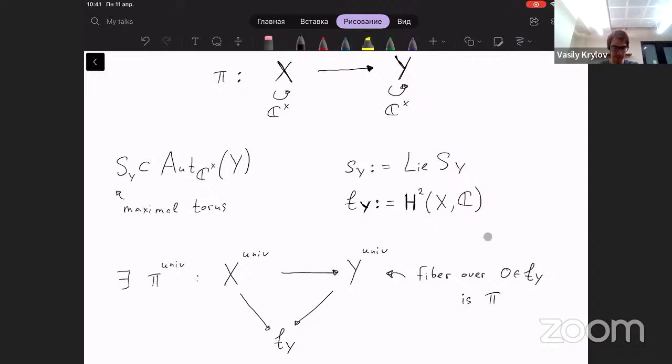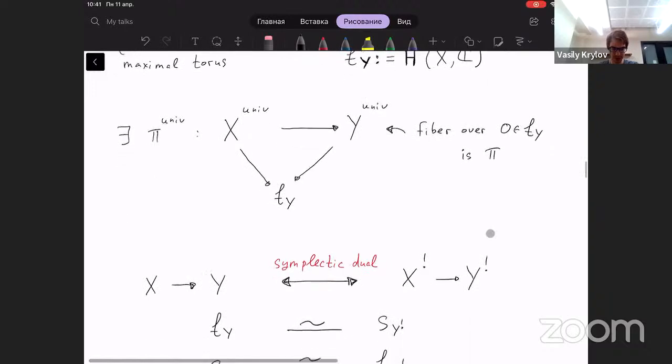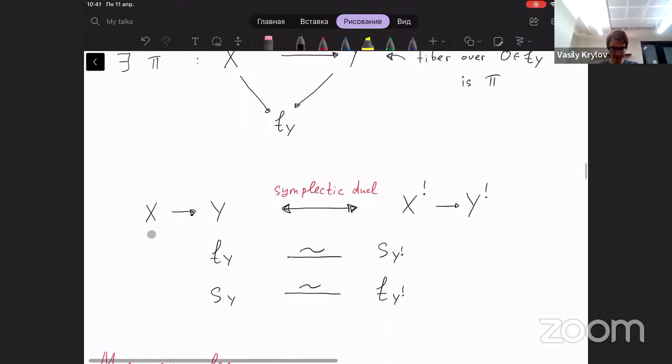Okay, great. So now it turns out that, or it's predicted by physicists and mathematicians, that if we have some symplectic resolution X → Y, then there should be a symplectic dual resolution X! → Y!.